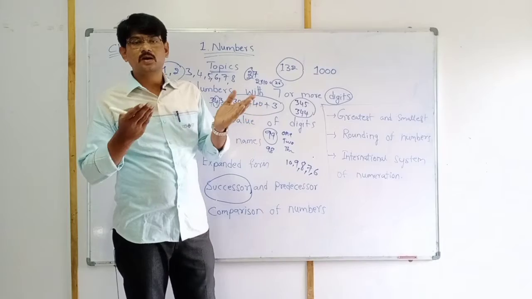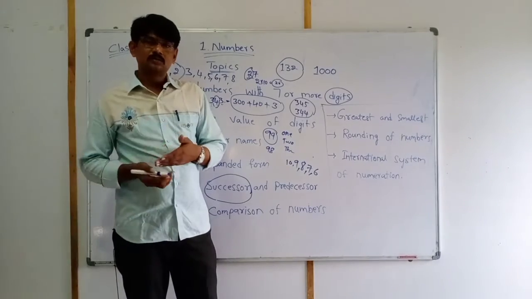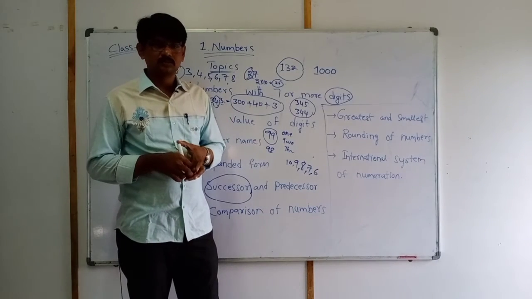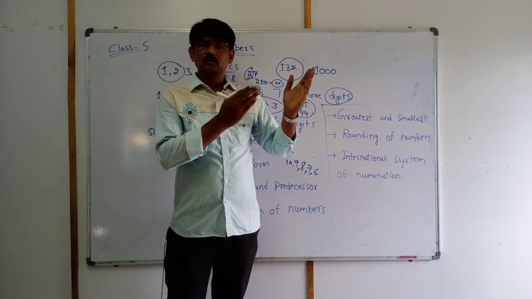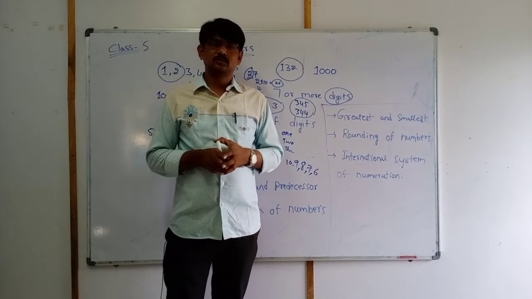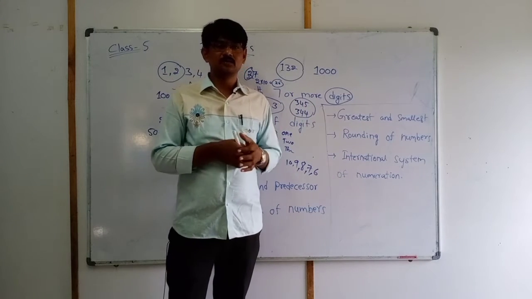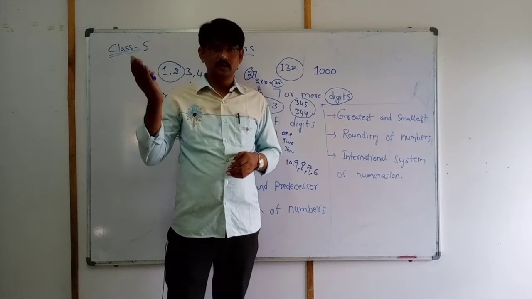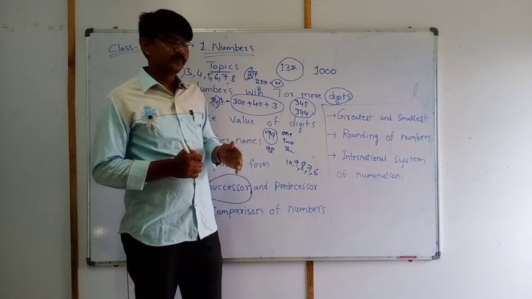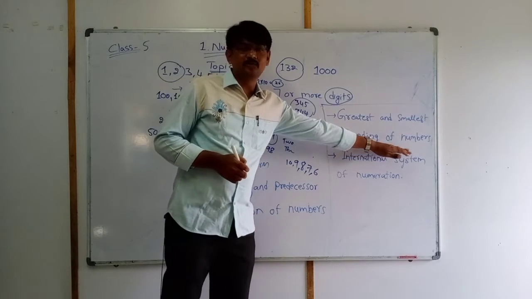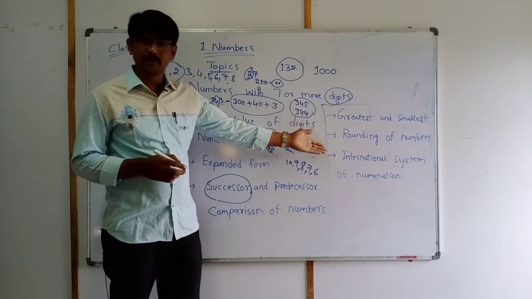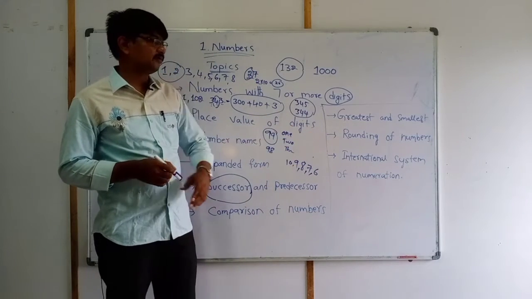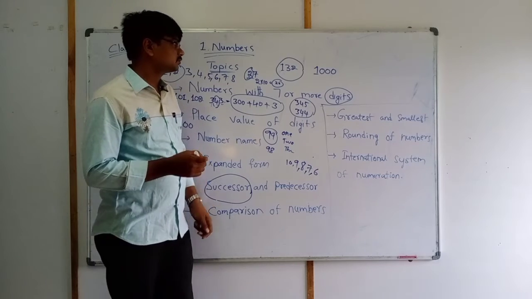Otherwise, which is the smallest number, or write in ascending order, descending order, increasing order or decreasing order. Okay, next, rounding of numbers. Yes, already you faced this topic in previous class also.